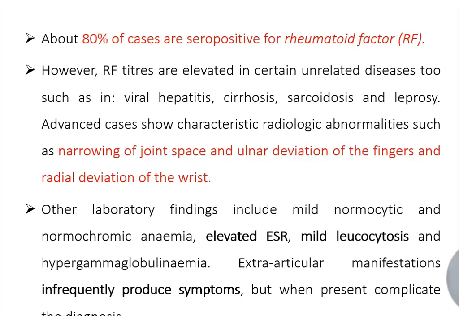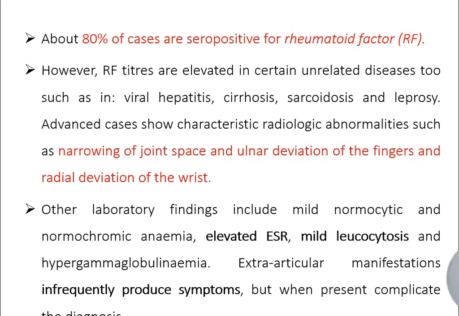Rheumatoid factor is an important feature in the diagnosis also. Whenever we suspect symmetrical pain and swelling of the joints, particularly hand and feet, and some patients describe nodule type formations, we go for the serological investigation of rheumatoid factor, and in almost 80% of cases we see a positive result.